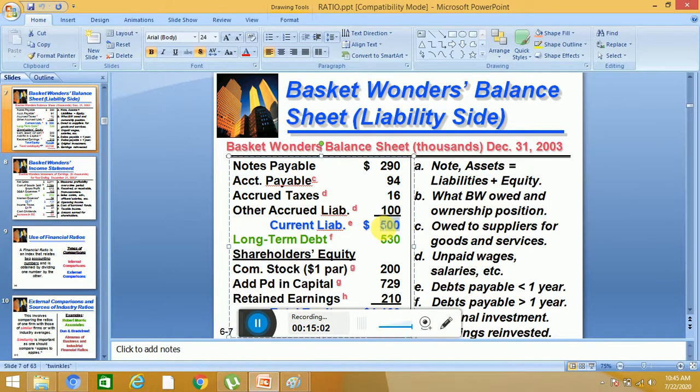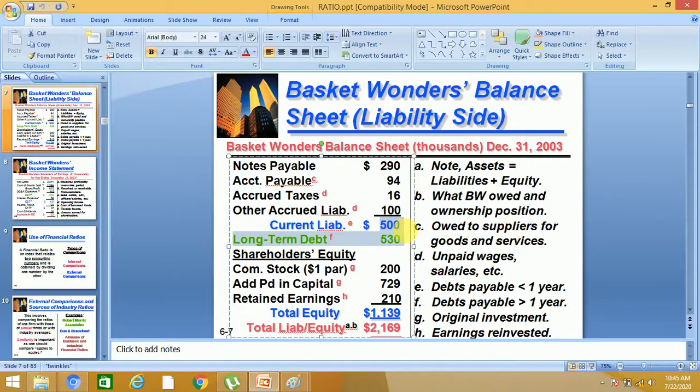Current liability is not included in this. In the upper portion, current liabilities are included, but in the lower portion, in total capitalization, 530 and 1139 means long-term debt plus total equity. It will be included.